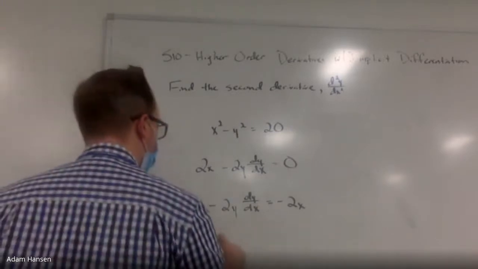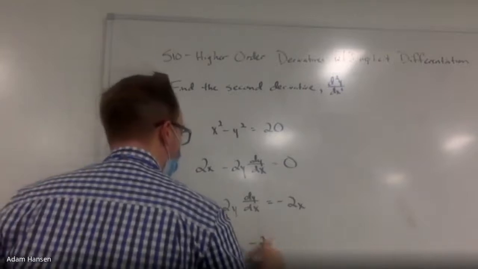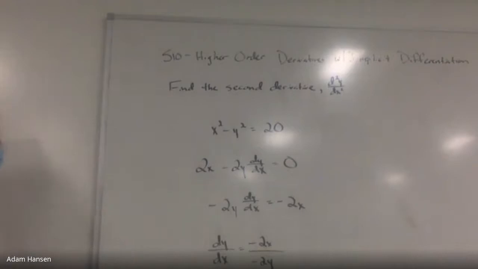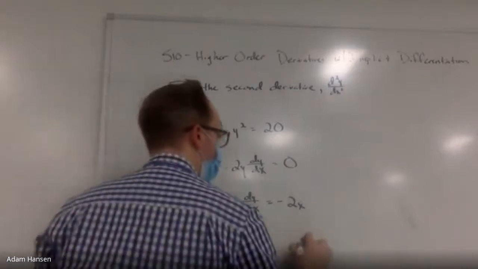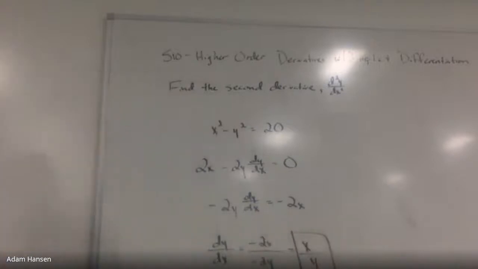So dy/dx equals negative 2x divided by negative 2y, which reduces down to, what is that, positive x over y? Well, we're looking good here.